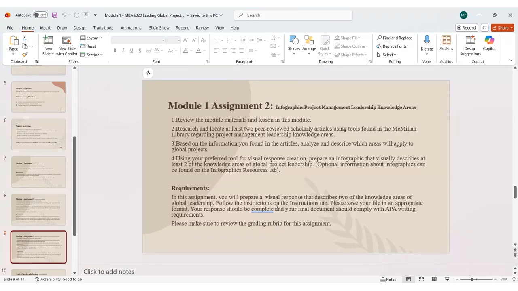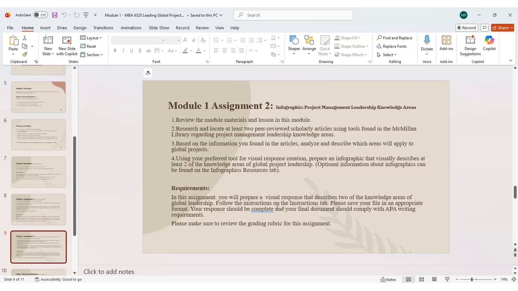Assignment 2 is infographic, project management, leadership, knowledge areas. So reviewing the module materials and lessons in the module, you want to research and locate at least, again, 2 peer-reviewed scholarly articles using tools found in the Macmillan Library regarding project management, leadership, knowledge areas.